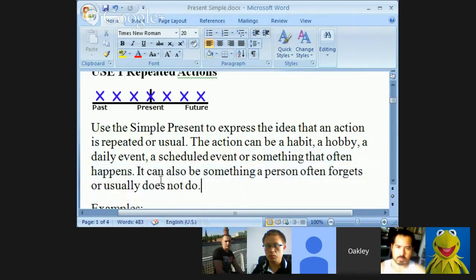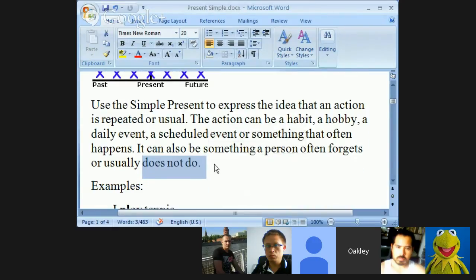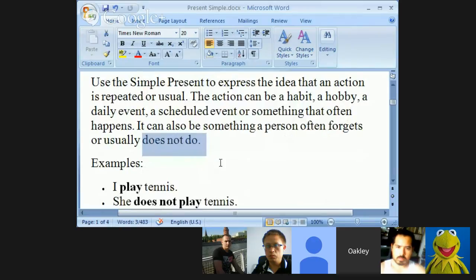Okay. It can also be something a person often forgets or does not do. The same idea, but in the negative. Something that does not happen regularly. Okay, he never comes to work on time, for example. All right.